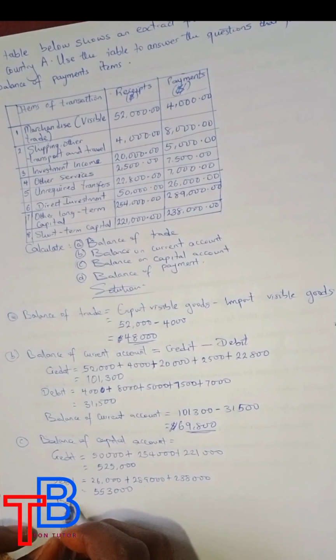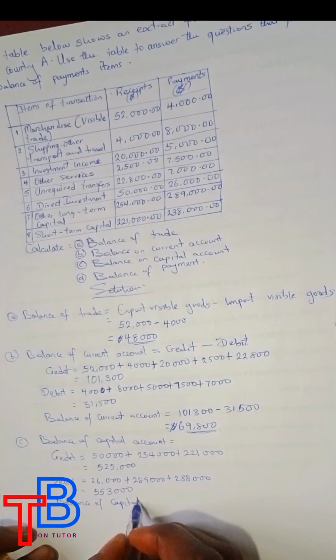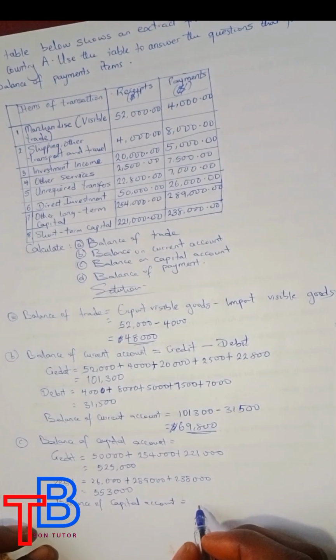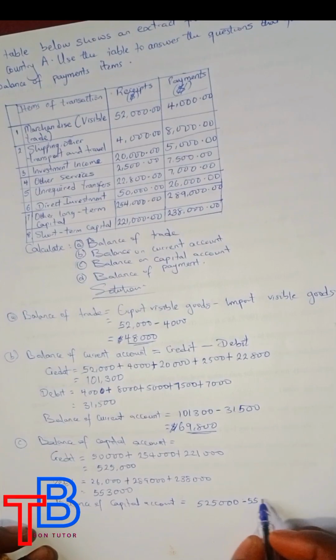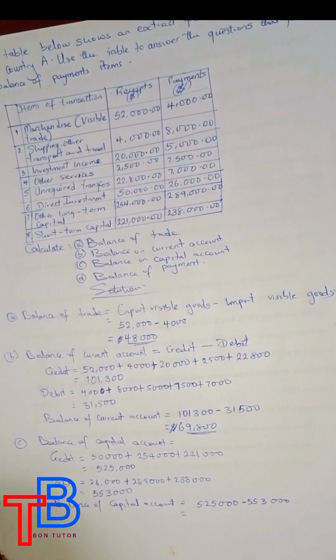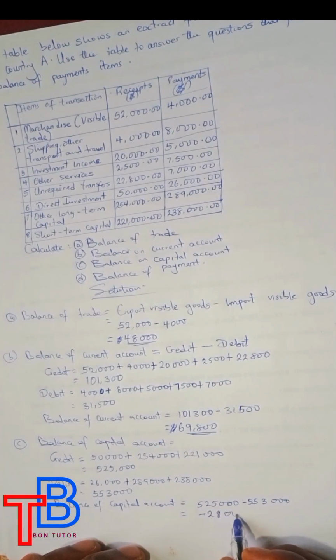So your balance of capital account is equal to 525,000 minus 553,000, and your answer is minus 28,000.